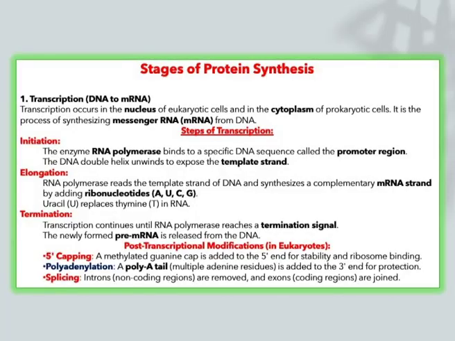After transcription, there are some important metabolic processes that we call post-transcriptional modification in eukaryotes. Especially in eukaryotes, we should identify whether these three important biochemical processes have been done. Number one, 5' capping.